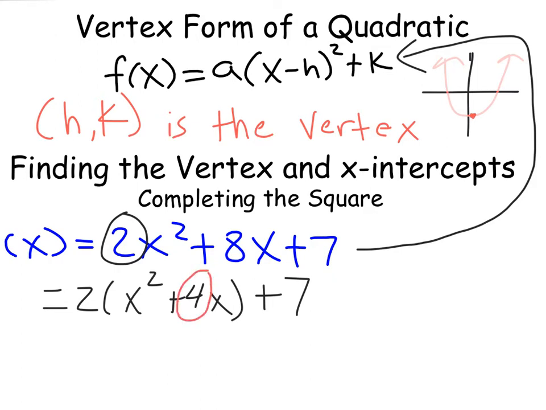Now my focus after I do that becomes right here. That's always going to be our focus: we'll look at that number and we do something kind of weird. I'll explain it in a minute. So for the moment, you have to just go with it. You might ask, why would you want to take half of that number and square it? I just do. Give it a minute, but I just do.